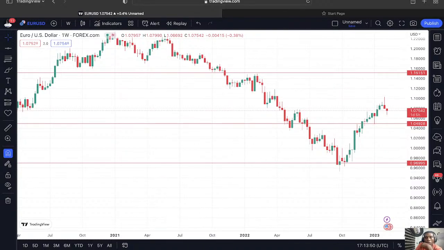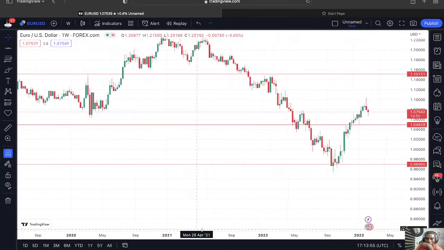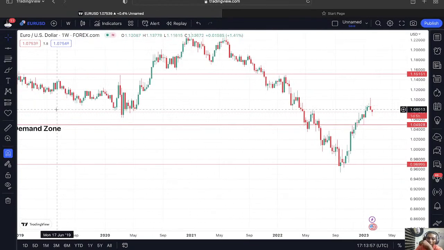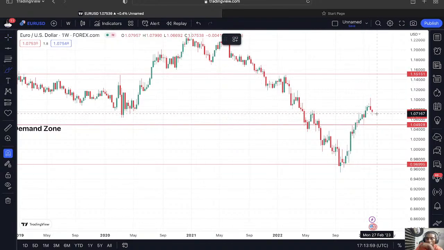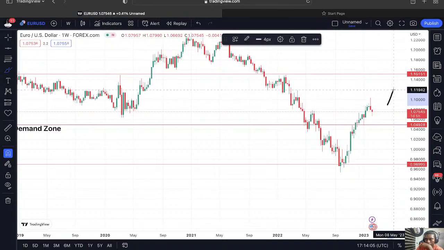So what are we looking at on this chart? For swing traders, you want to set your buy order here and set your take profit level here.